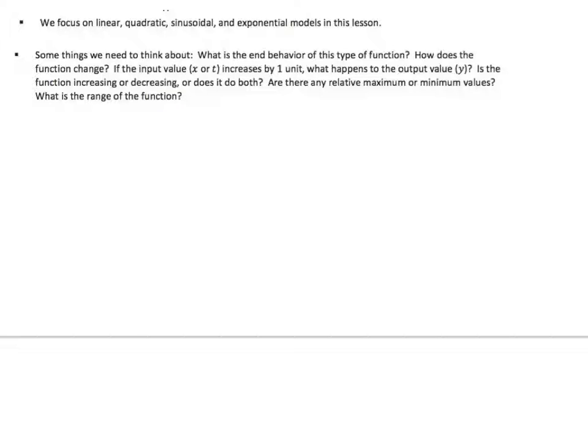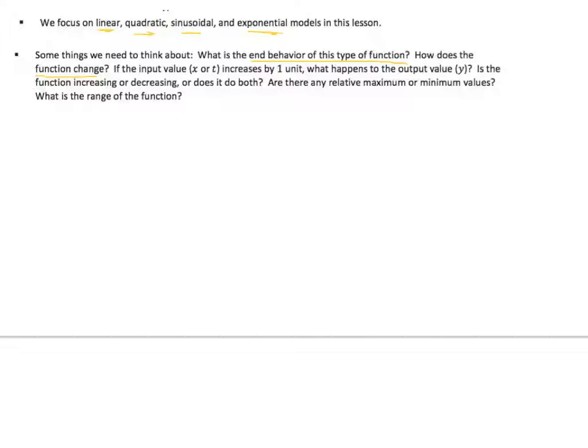So now I'm going to go through some of my notes, right? In this lesson, we're going to focus on, and I've already told you this, linear, quadratic, sinusoidal, or exponential models. Some things that we're going to need to think about to pick our model. What is the end behavior of this type of function? How does the function change?